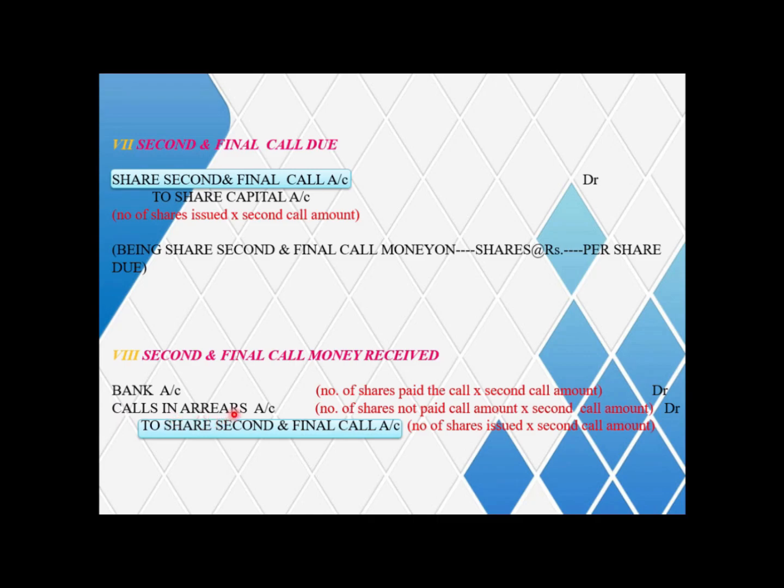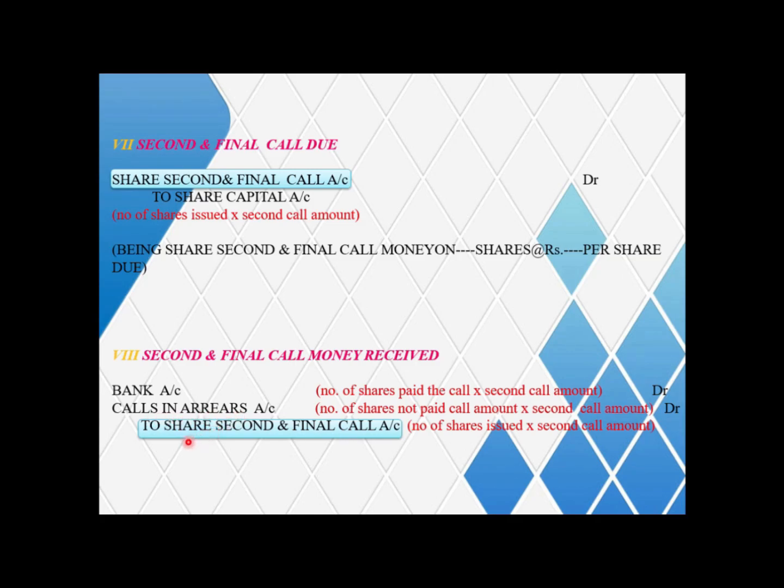Then calls in arrears account, amount will be calculated as number of shares not paid call amount multiplied by second call amount. Bank account amount will be calculated as number of shares paid the call multiplied by second call amount, or you can also calculate bank account amount by taking the difference of share second and final call amount and calls in arrears amount.